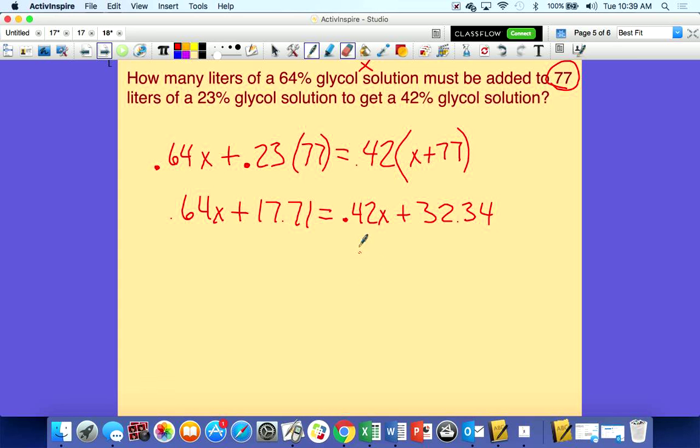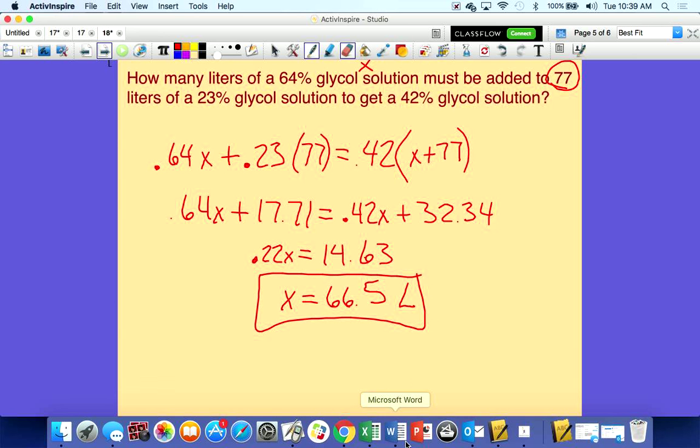All right, so then we're just solving for x, so move this over, so we've got 0.22x equals 32.34 minus 17.71 gives us 14.63. Divide that by 0.22 and we get x equals 66.5 liters. And there's our answer for this.